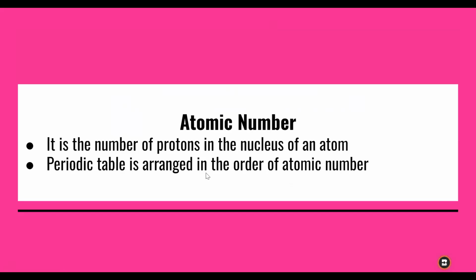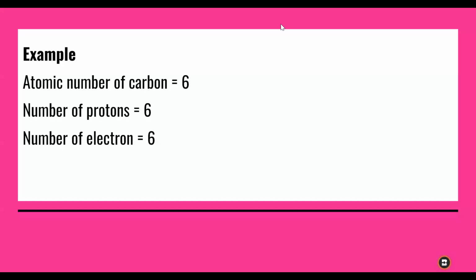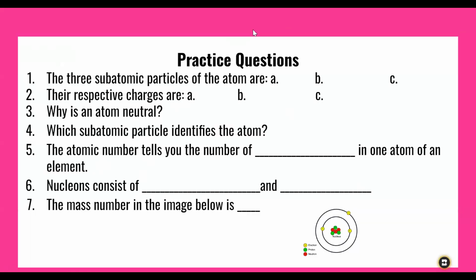The periodic table is arranged in the order of atomic number. Let's look at this example. If the atomic number of carbon is 6, that means the number of protons will be 6 because atomic number is the number of protons. Then the number of electrons is 6 because it's a neutral atom.